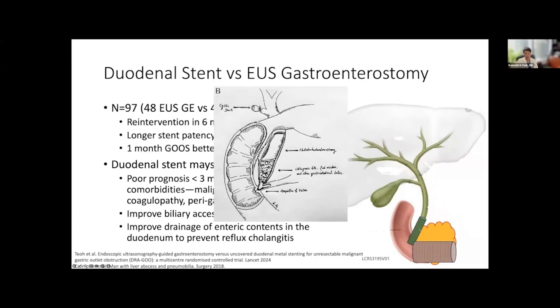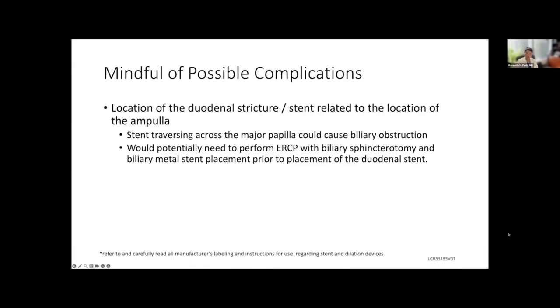And so how to treat that? Yes, you have a gastroenterostomy somewhere else, but it might be helpful clinically to open up the duodenal obstruction as well to allow some of this food and debris to drain down distally. Okay, I talked about this already.